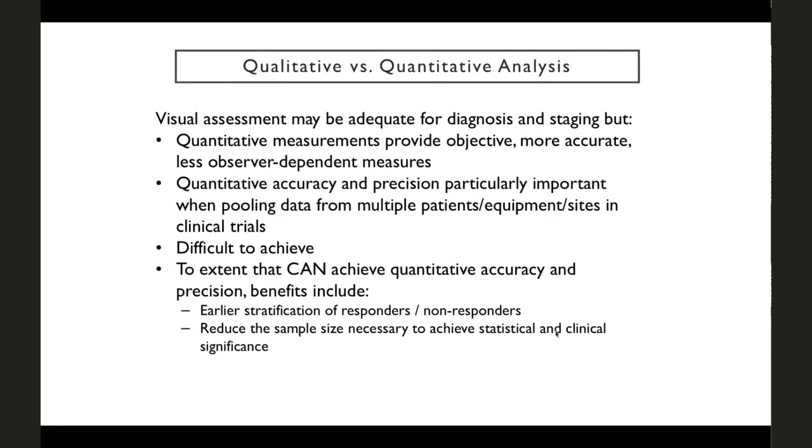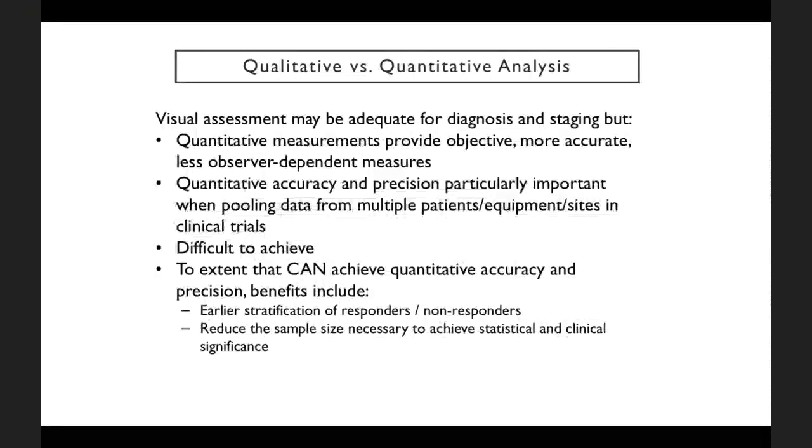It is particularly important to have quantitative accuracy and precision when you're trying to combine data from multiple patients, the same patient done on multiple pieces of equipment, or multiple sites in, say, a clinical trial.